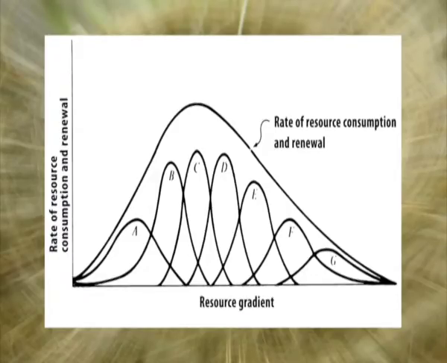Unlike other niche concepts, the Eltonian niche emphasizes that a species not only grows in and responds to an environment based on available resources, predators, and climatic conditions. A species may also change the availability and behavior of those factors as it grows.